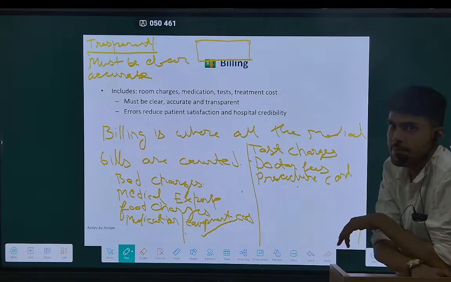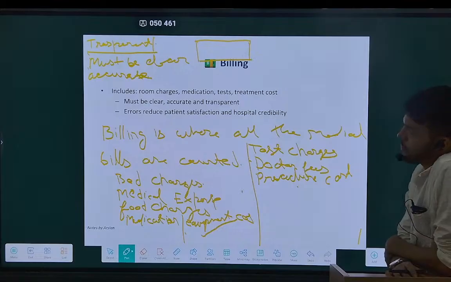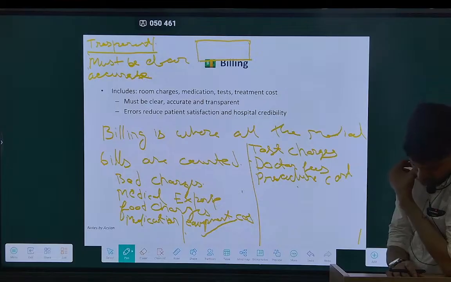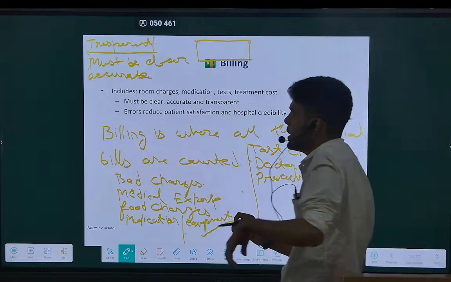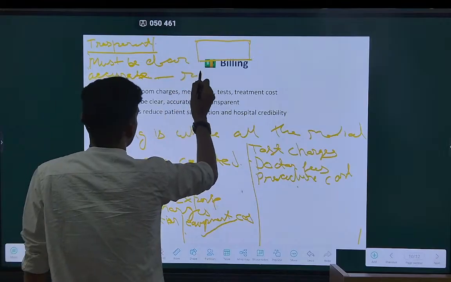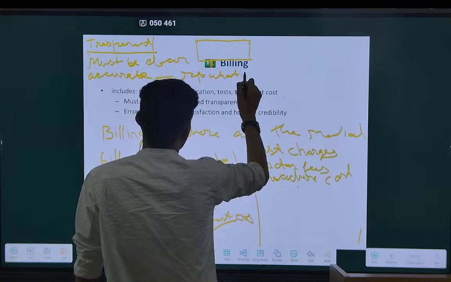If a wrong bill is made, it breaks the trust of the patients. So this is also a very important operation, billing. Accuracy is very important for the reputation of the hospital.